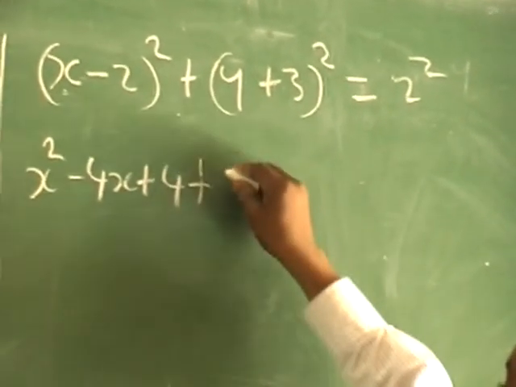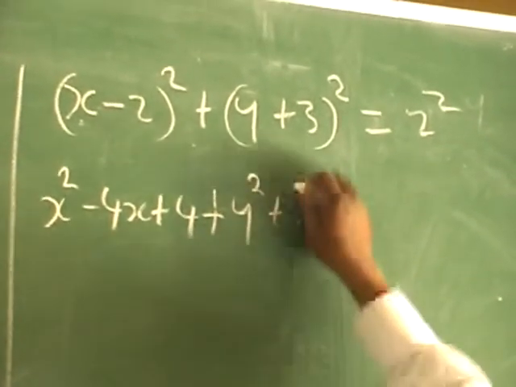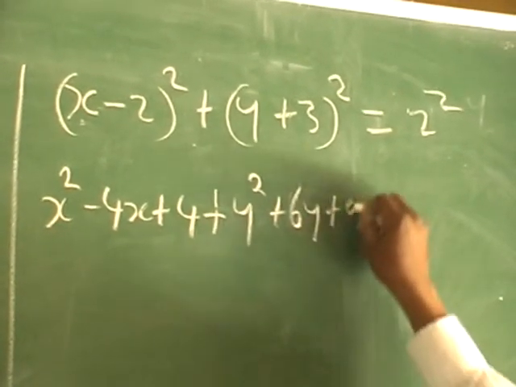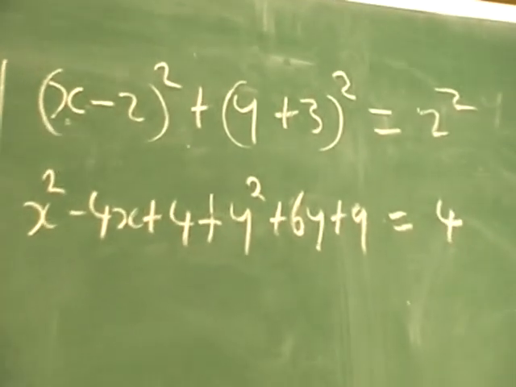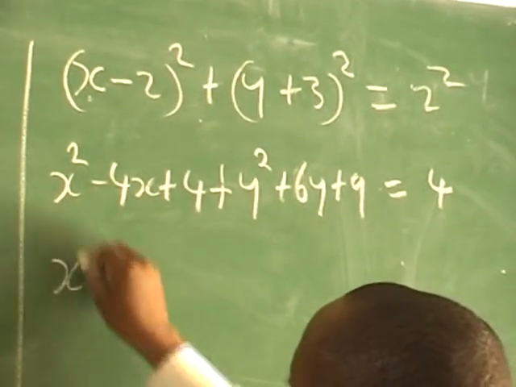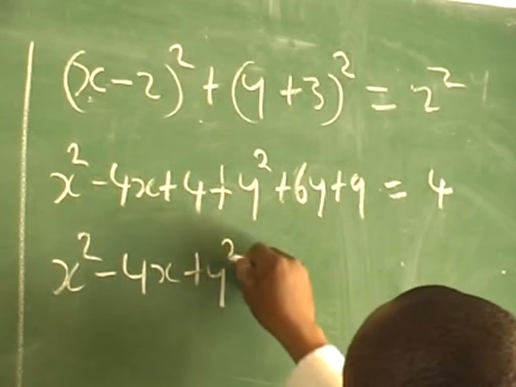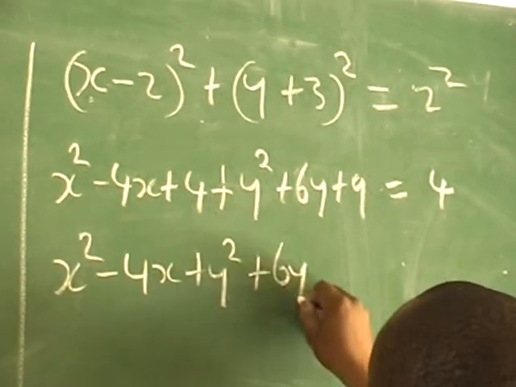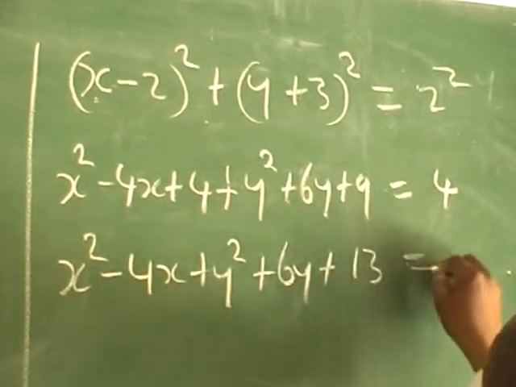Now, plus y squared plus 6y plus 9 is equal to 4. Now, if we do that, we have x squared minus 4x plus y squared plus 6y plus 13 equal to 4.